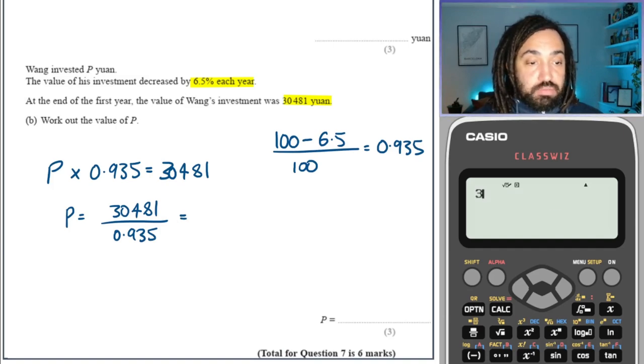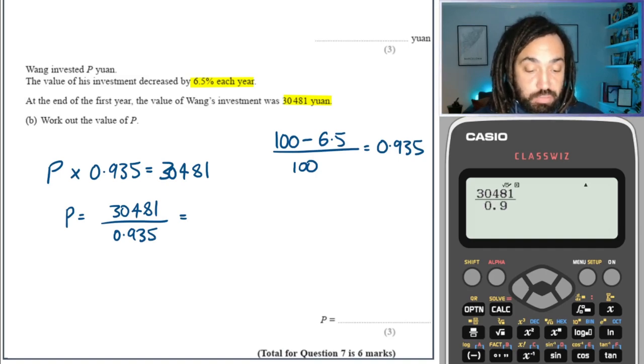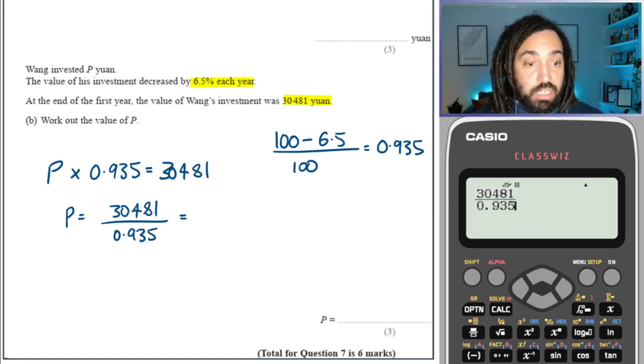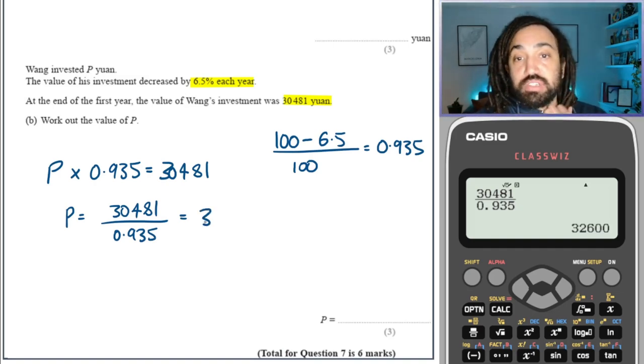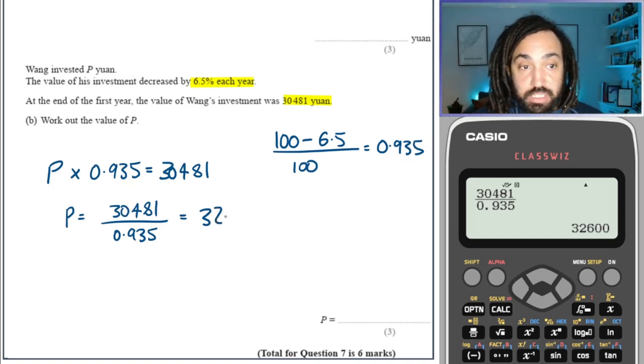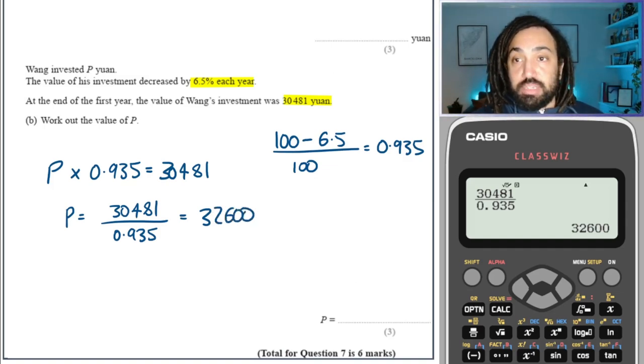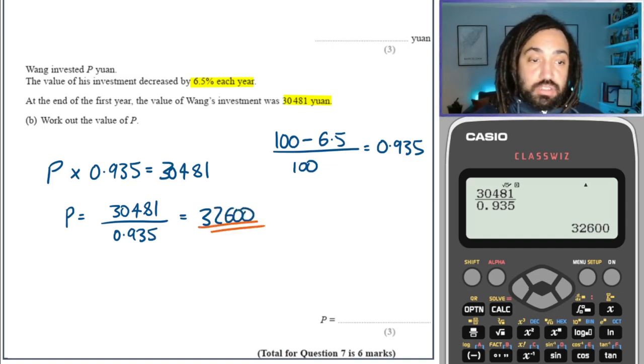So this is reverse percentages, and the common mistake most people make is that instead of dividing by the decrease multiplier, they times by the increase of 6.5%, which is not correct. Okay, there we go. Job done.